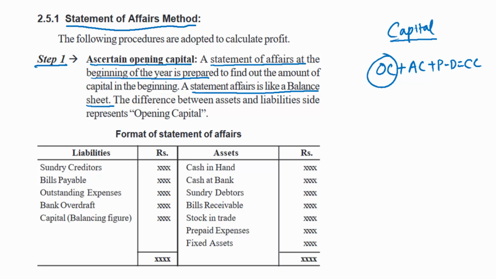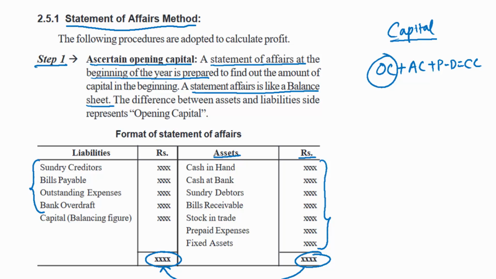We'll list out all the assets we know. We'll total them, and that total will be carried as the total of liabilities also. Now we'll also list out the liabilities we know, for example, items like creditors, bills payable, outstanding expenses, bank overdraft, everything.